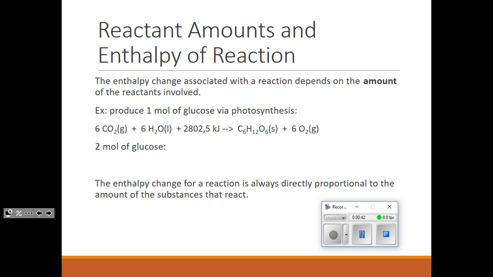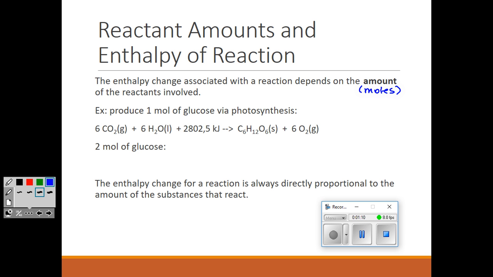When we're talking about amount, we don't mean how many milliliters, we don't mean how many grams, we mean specifically how many moles. Hopefully you're like, oh yeah, moles, that's what you always calculate in chem all the time. And it's not news in this course that that is what we're going to do a lot of the time as well.